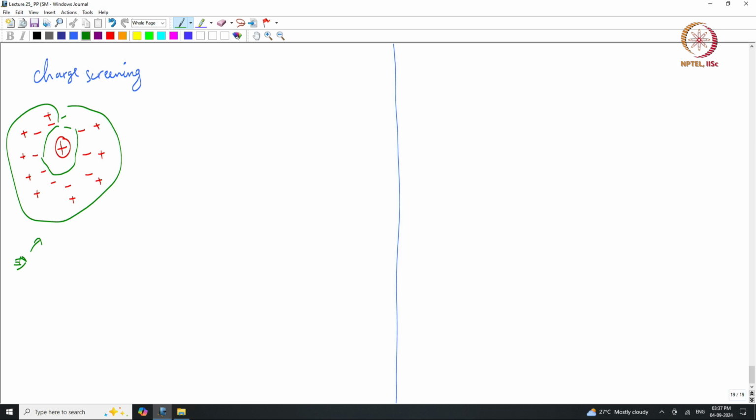Okay, good. Now, roughly, how do we understand this from a quantum field theory point of view? We say that the screening comes because the field is represented by the photon, correct?